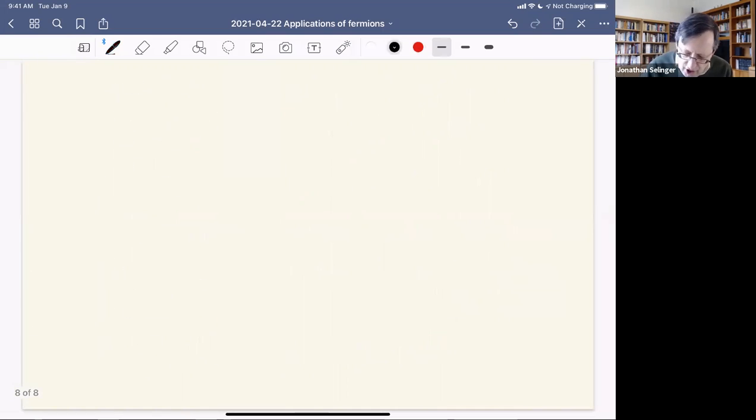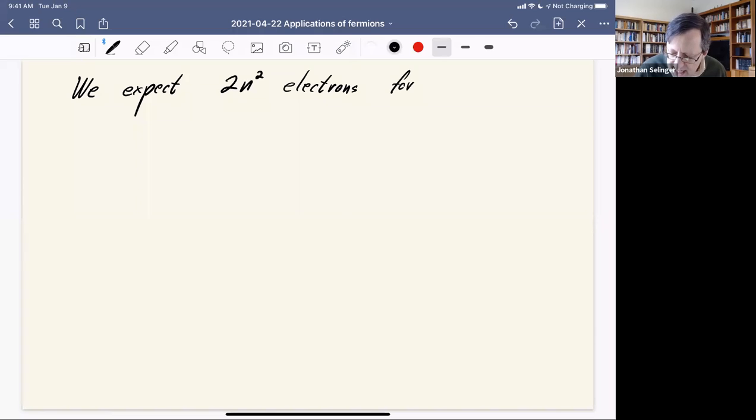Okay, so we expect 2n squared electrons for each n value. And the word that people use for this is to call it a shell.